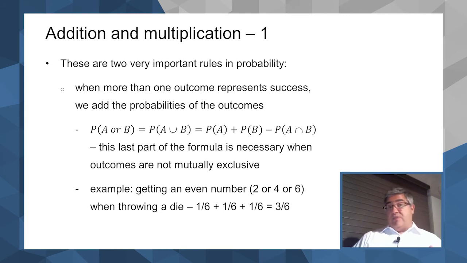So 25 plus 35, 60%, minus probability of A and B, the intersection between A and B, which in that case was 2, or 2 out of 20, 10%. So it'd be 25% the probability of A plus 35% the probability of B minus the 10% of the intersection. Okay.